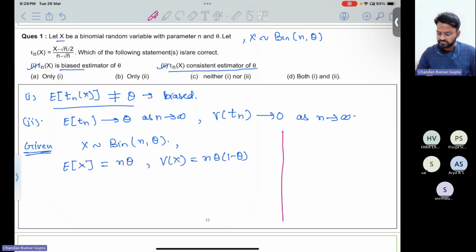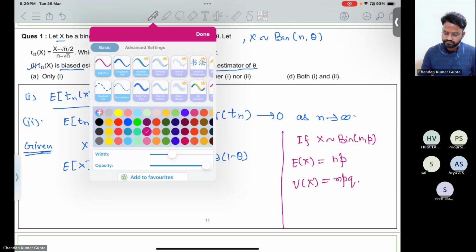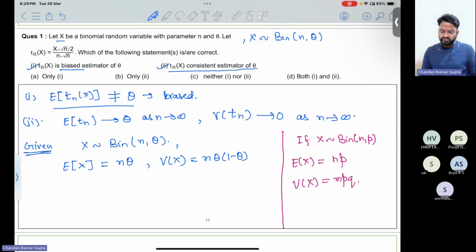We already know that: if X follows binomial n, p, then expected value of X equals n into p and variance of X equals npq. So we have the expected value of X and the variance of X.